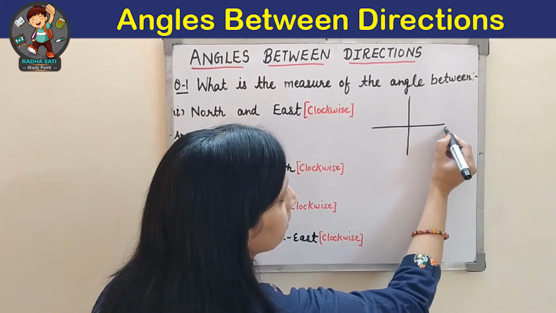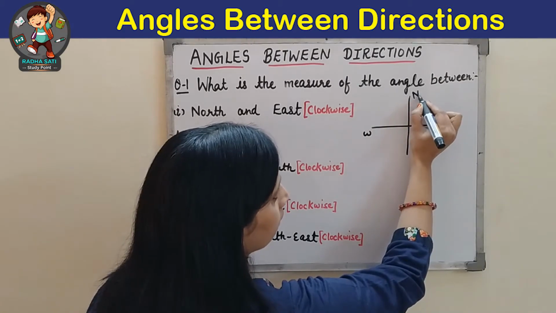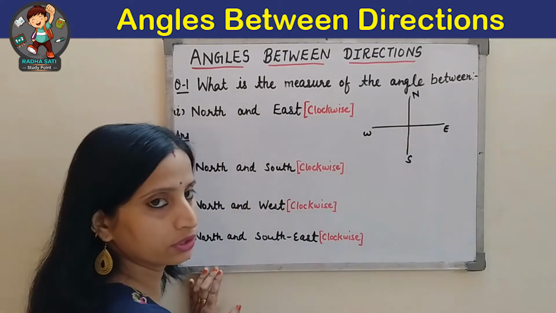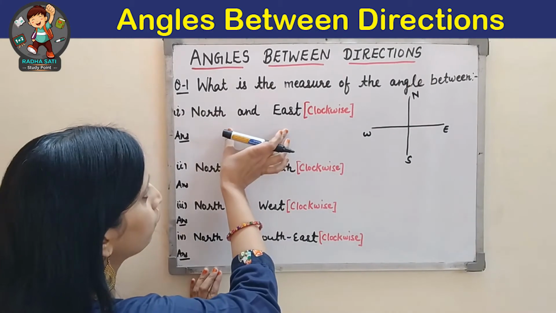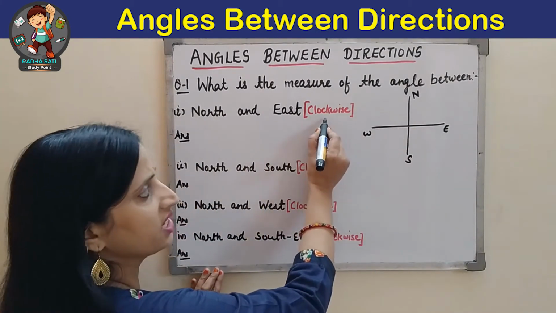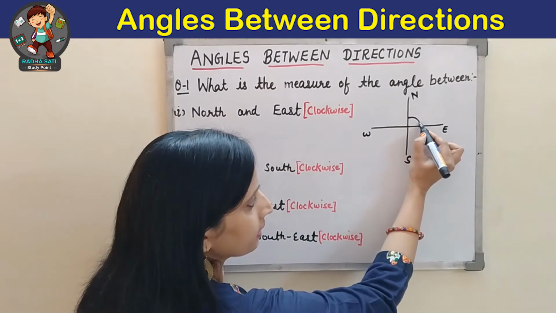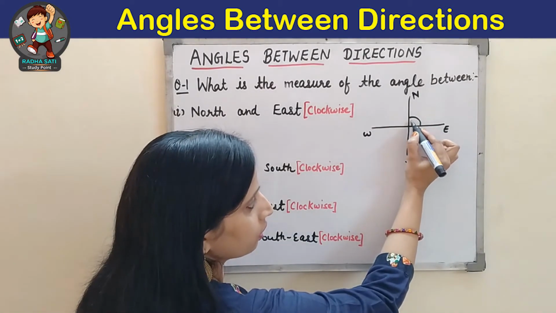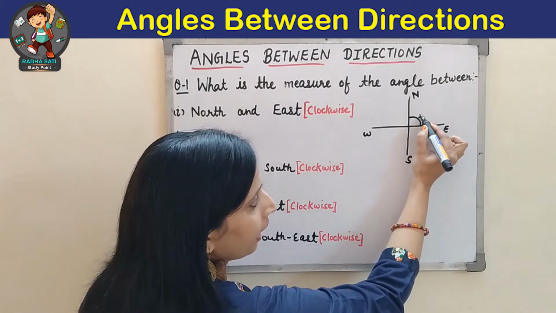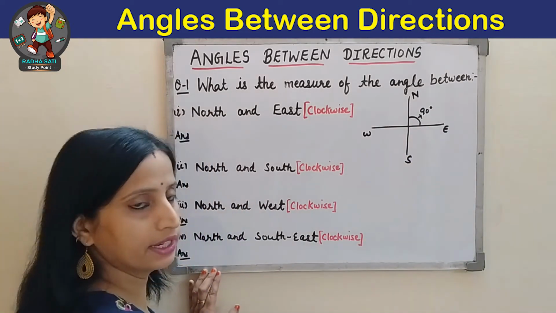So it is east, west, north and south. We have to find the angle between north and east, and the rotation is clockwise. So the angle between north and east is only this much. This is our right angle, or 90 degrees.